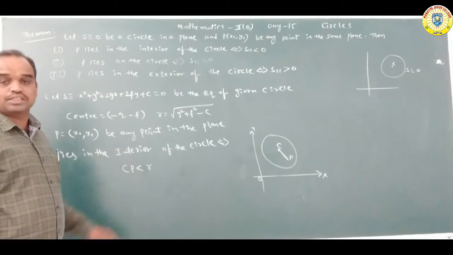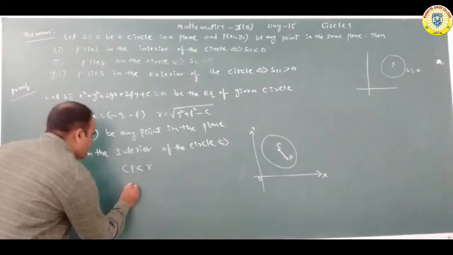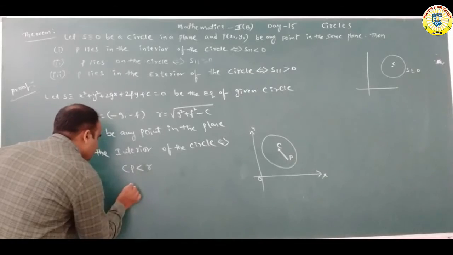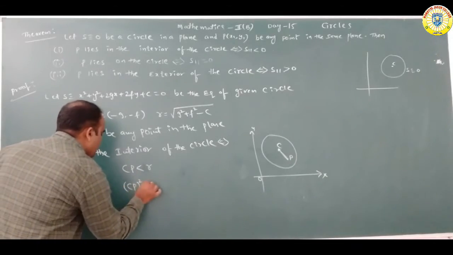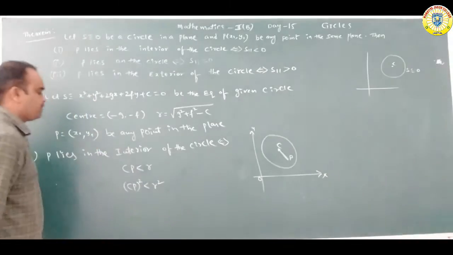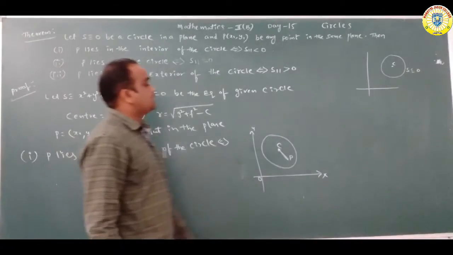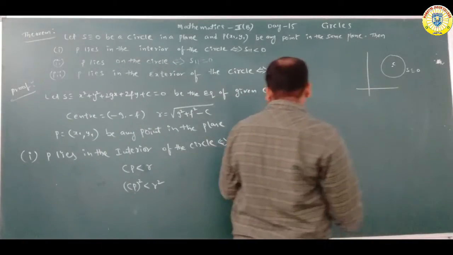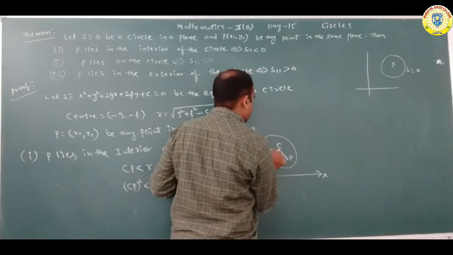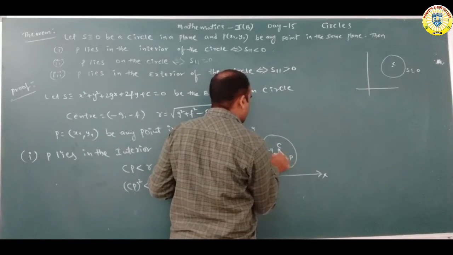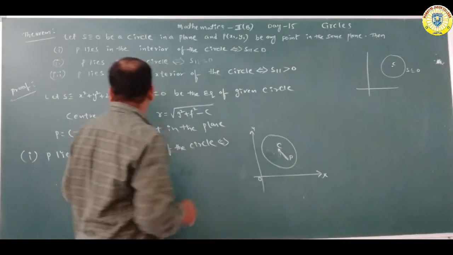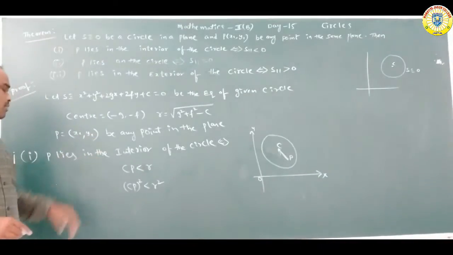CP less than R. Squaring on both sides, we get CP square less than R square. C is nothing but the center. What is the center? Here minus g comma minus f is the center. What are the coordinates of P? x1 comma y1.